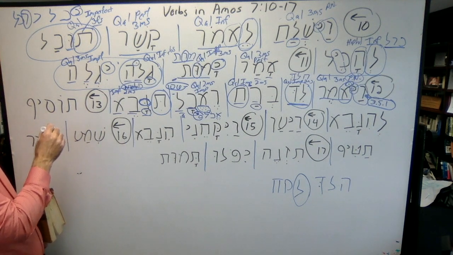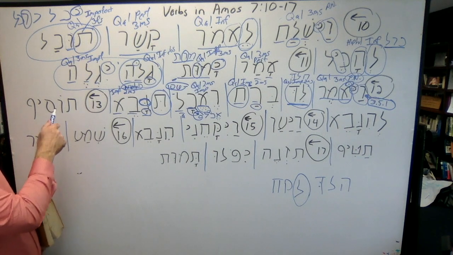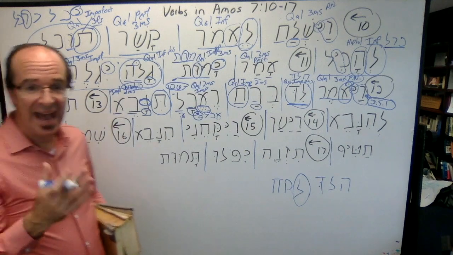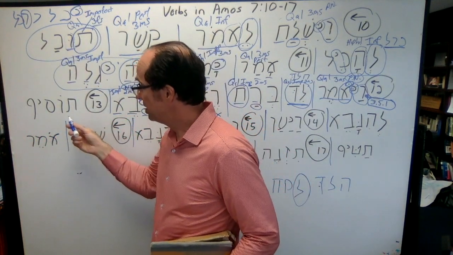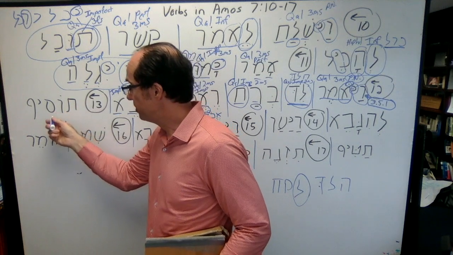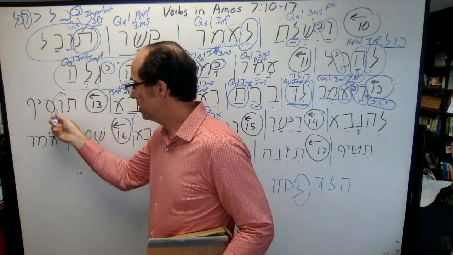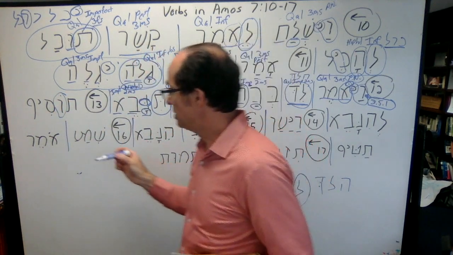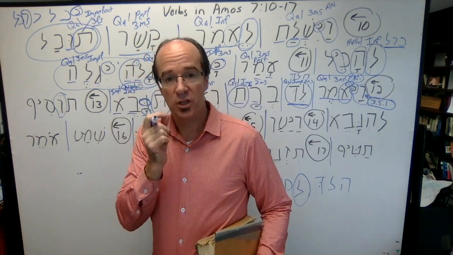of difficult form. This verb comes from the word for add or again, and the clues here. This verb is a lot like... well, this is an original first yod verb.